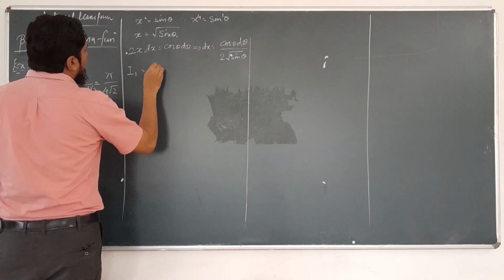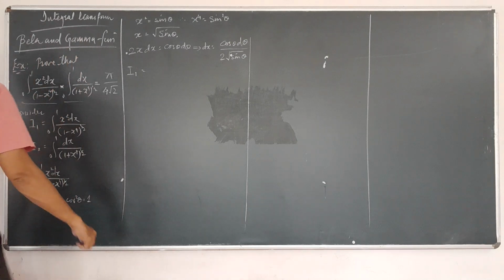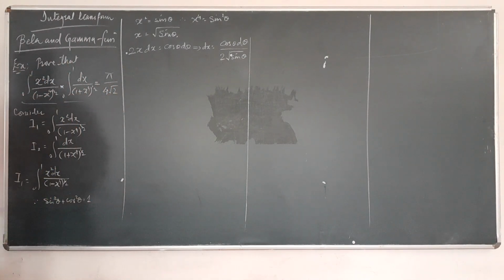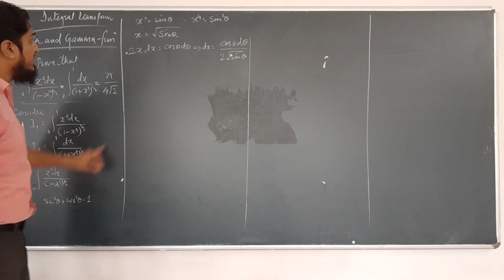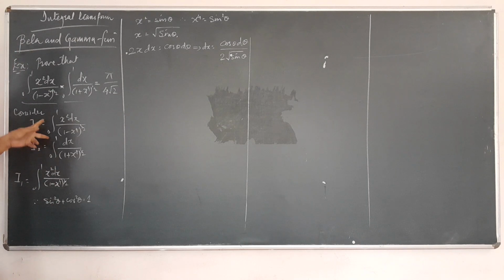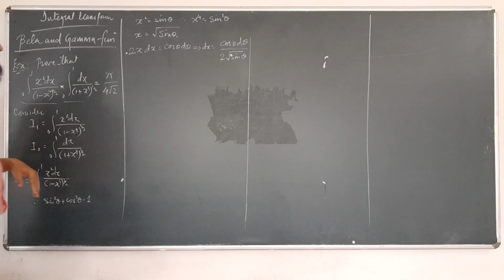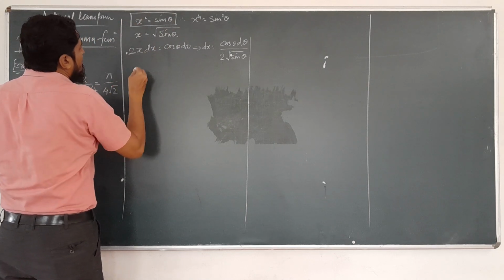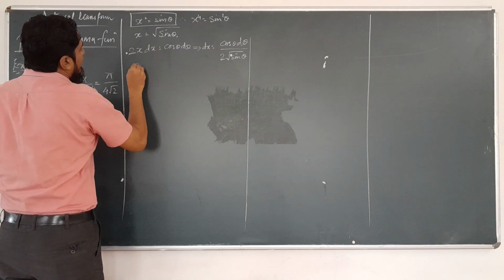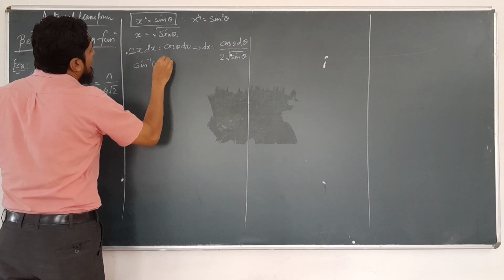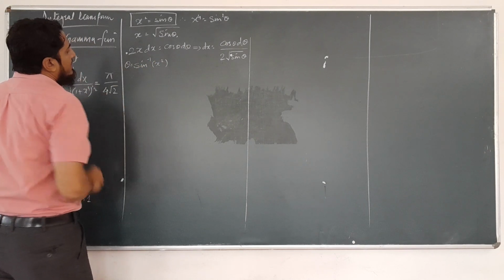Now we have to change the limits. We are changing x into theta, that's why the limits of x change to theta. With the help of this, we can also find sine inverse of x square is equal to theta. Correct?